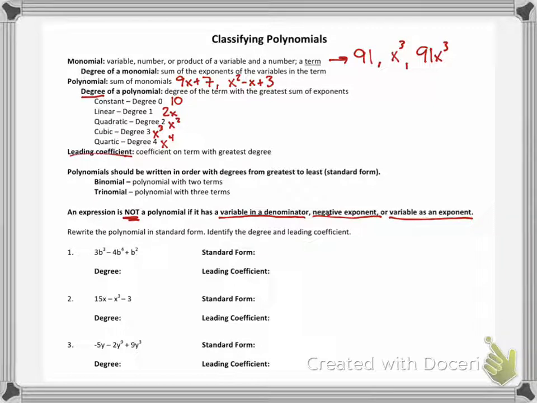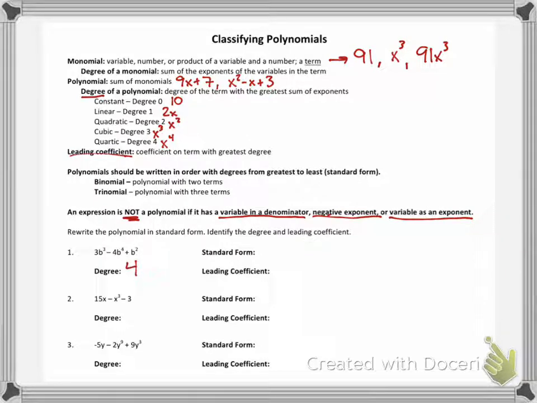So on this first part of the page here, we're going to look at some expressions where we're going to identify the degree and the leading coefficient, but we're also going to write them in standard form, aka writing the expression from the highest degree term to the lowest, so reordering our terms. Number one here, we're going to identify the degree. The degree is going to be our highest exponent, which in this case is a 4. So that negative 4b to the fourth term has the highest exponent, that has a degree of 4.